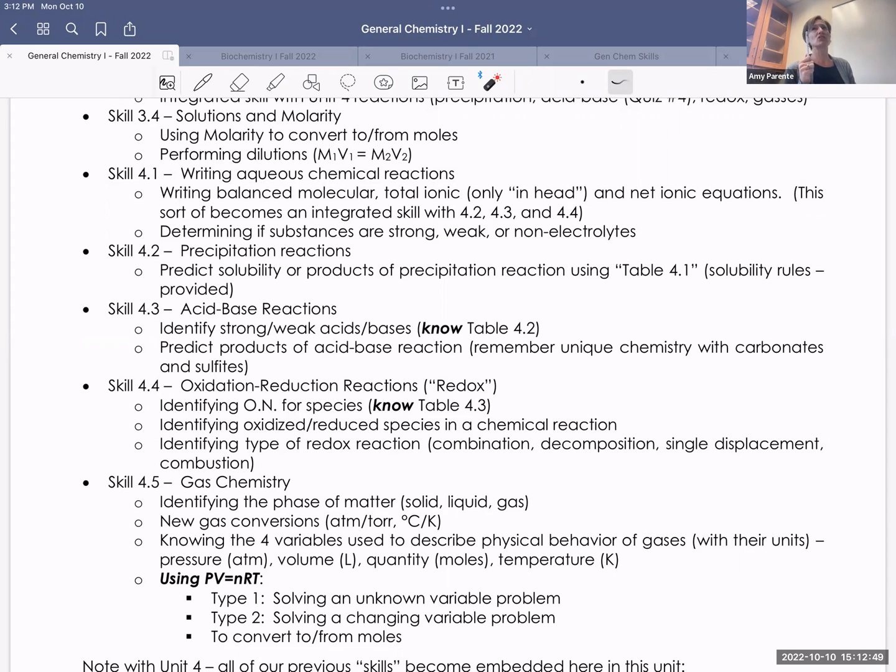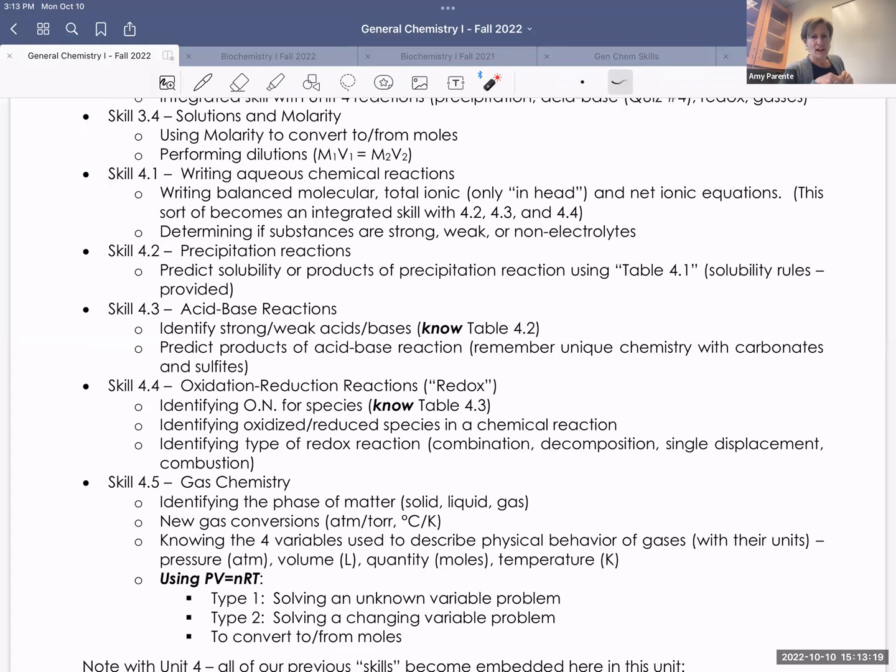You might have one equation where you have to write the total ionic on an exam, but for the most part, being able to see that total ionic equation in your head and then write net ionic equations becomes an integrated skill as we talk about the different kinds of reactions. Less so with the oxidation and reduction reactions. We really don't write the net ionic with that, but definitely with precipitation and acid-base reactions, we did that.